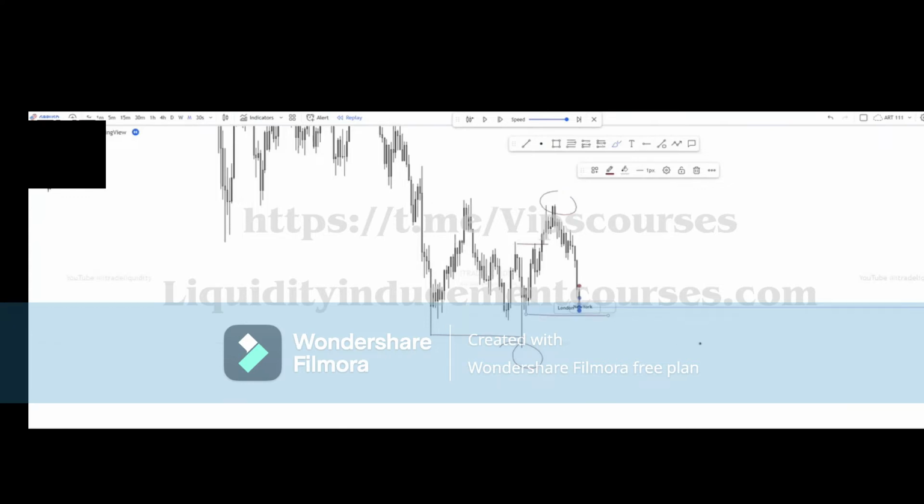This does become internal liquidity. Yes, it does. But we can also get a reaction. It's an obstacle, right? We also have that low being fed into this. And then we also have the liquidity that we just broke on the weekly, right?